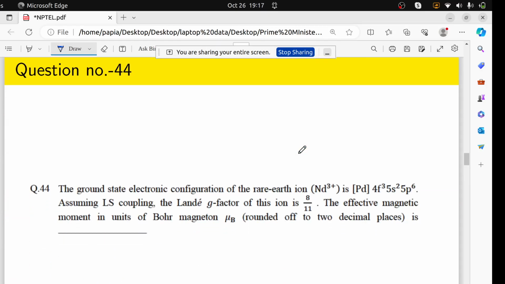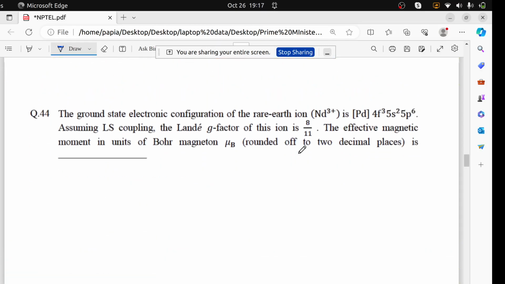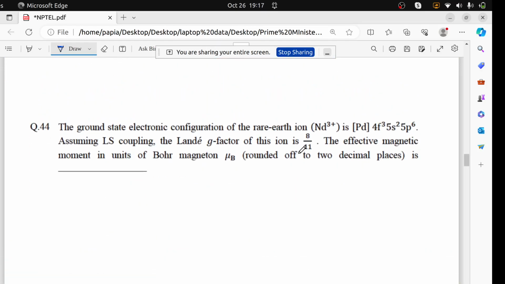So what is the question here? You can see here the ground state electronic configuration of the rare earth ion. The rare earth ion is Nd3+, and the electronic configuration is already given here: 4f3 5s2 5p6.